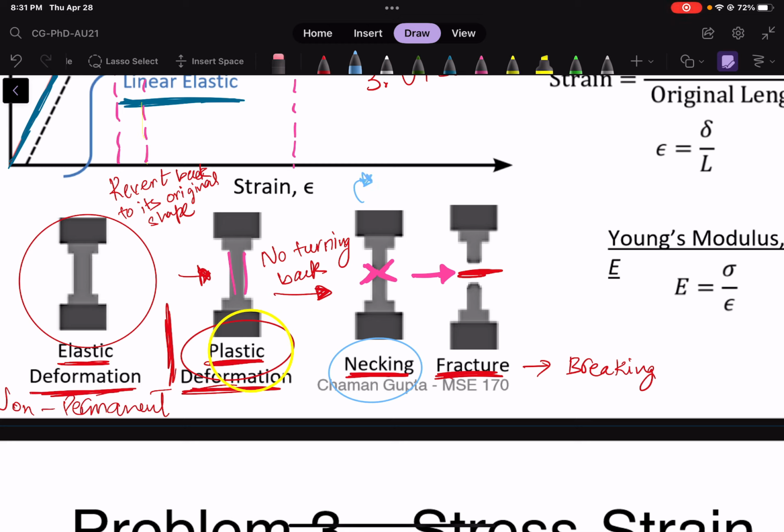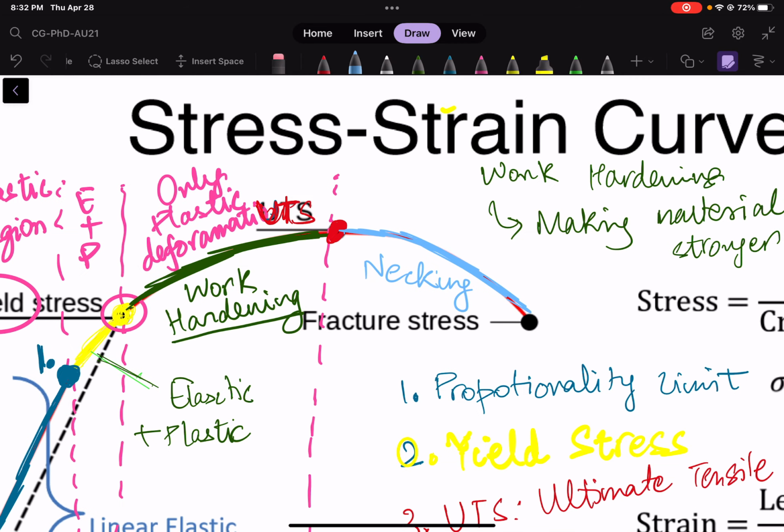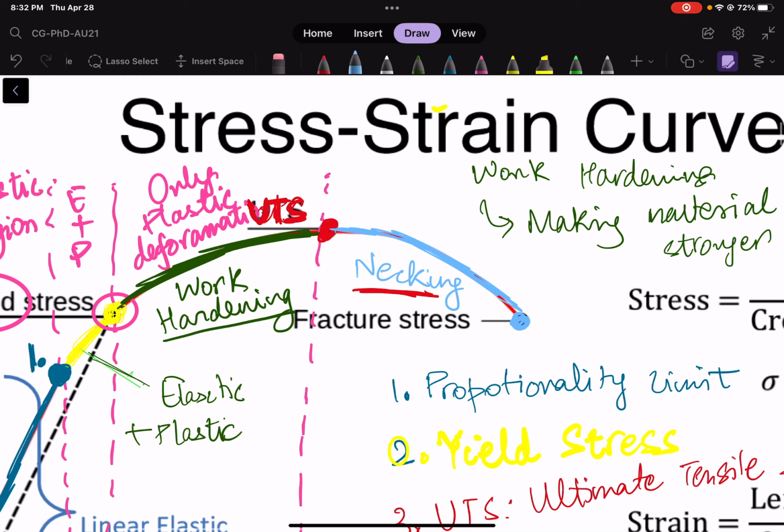The necking starts after UTS, which means that once you have applied that ultimate tensile stress on your material, it is no more one single entity, but it will start to neck apart, and it'll keep necking till the point where you hit this final blue dot, which is referred to as the fracture stress. So this will be your point number 4. This will be point number 3.